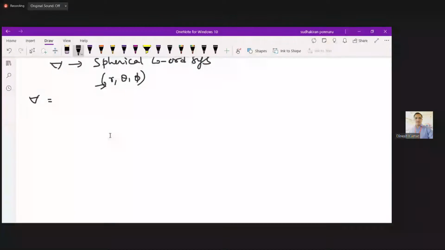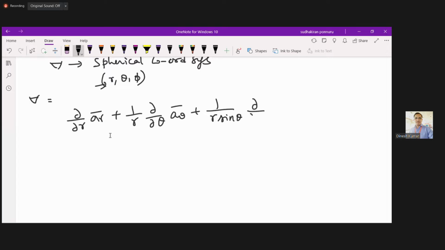So del is equal to dou by dou r of a r bar plus 1 by r dou by dou theta of a theta bar plus 1 by r sin theta dou by dou phi of a phi bar. This is the formula for del in the spherical coordinate system.